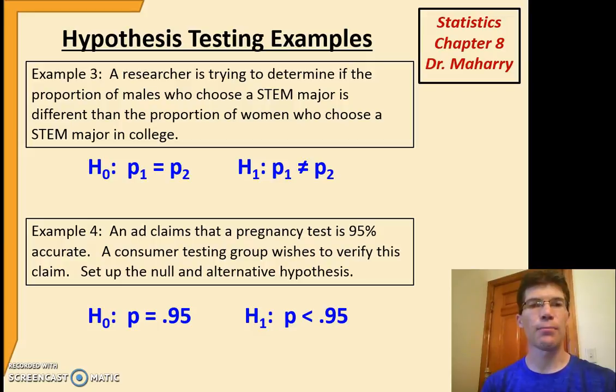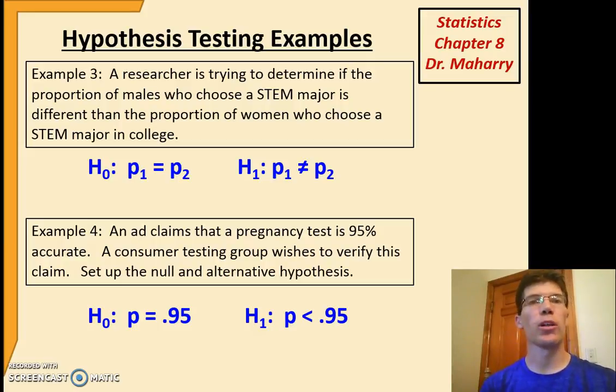Okay, so I take a sample of these pregnancy tests and test them. Do I get 95% or do I get something significantly less than that? Because if my data found a much lower proportion, that might lead me to believe this claim was a bit misleading.